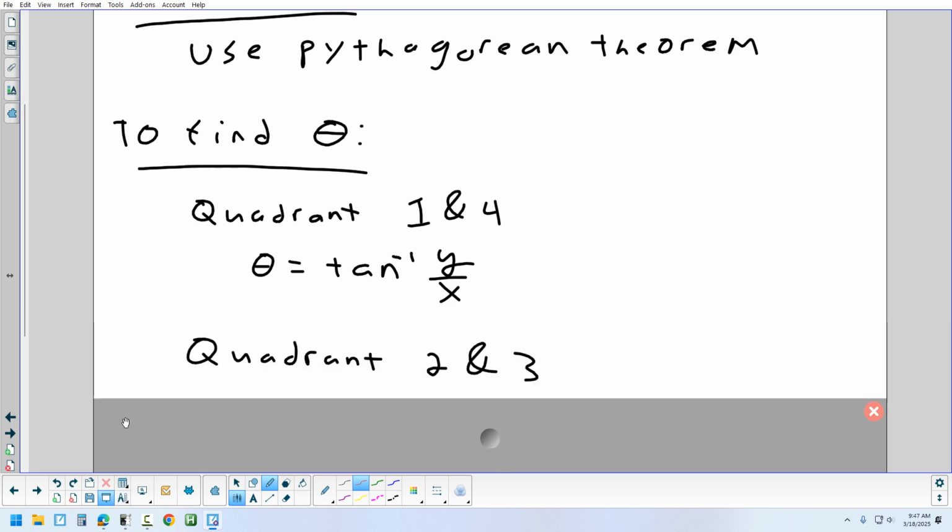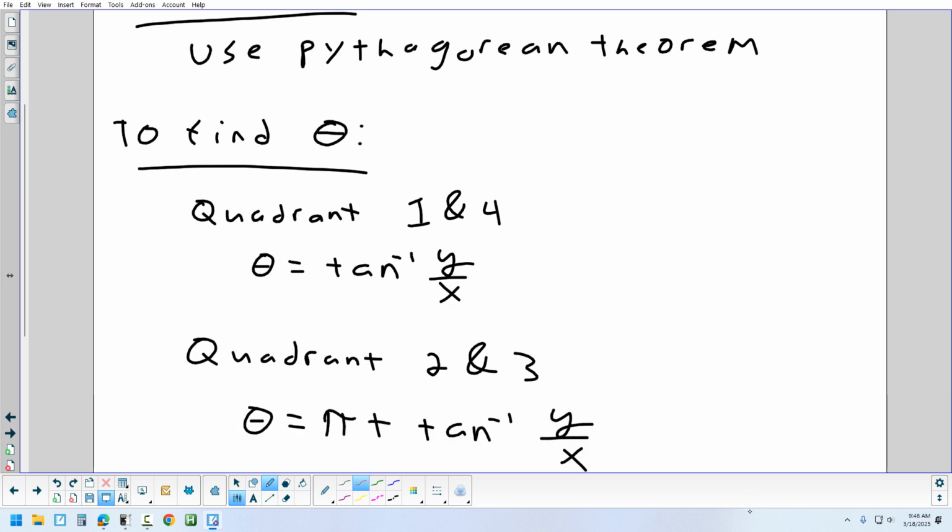If you are not in quadrants 1 or 4, okay, how would you know? Well, if I give you a point that has a negative x and a positive y, you're in quadrant 2. If I give you a point with a negative x and a negative y, you're in quadrant 3. If either one of those happen, that formula does not work directly.